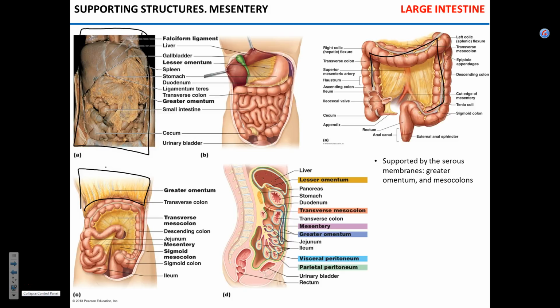Now, other structures, so lesser omentum connects liver to the stomach and to the large intestine. Mesentery was recently acknowledged as a separate organ. So now it's an additional organ. That's an organ.